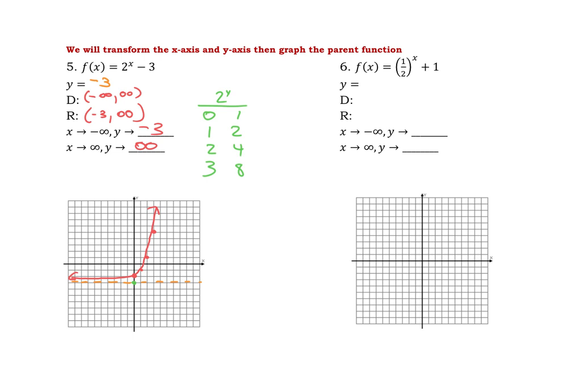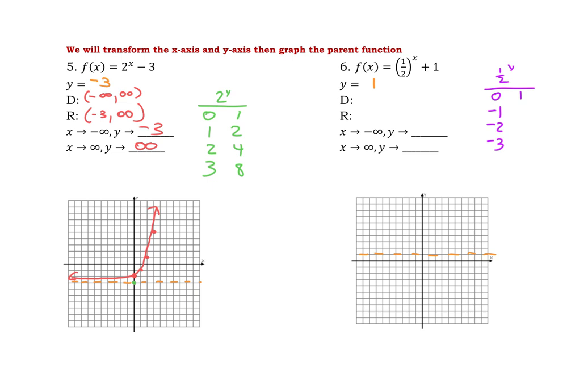Okay, so now this next one, I'm shifting it up 1. So there's my horizontal asymptote at positive 1. So y equals 1 is the equation. I have no other shift, so I'm going to do 1/2 to the x, which starts at 0, 1. Now because it's a decay, I'm going to the left with my numbers.